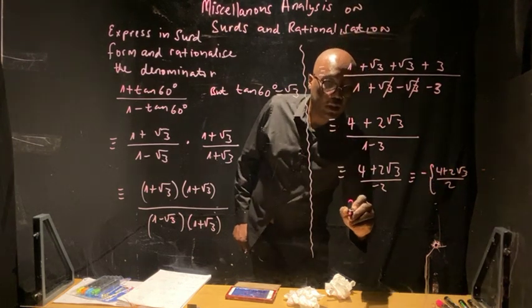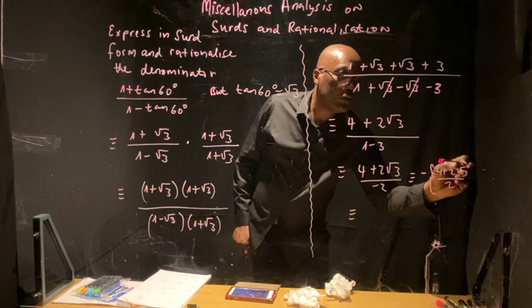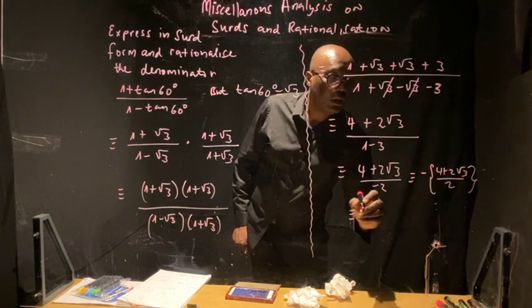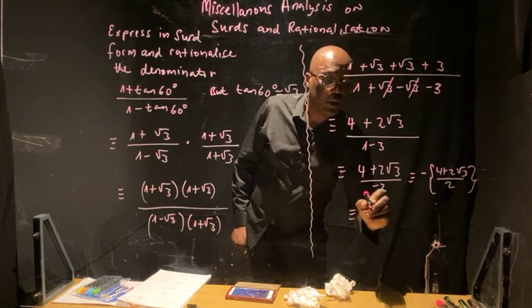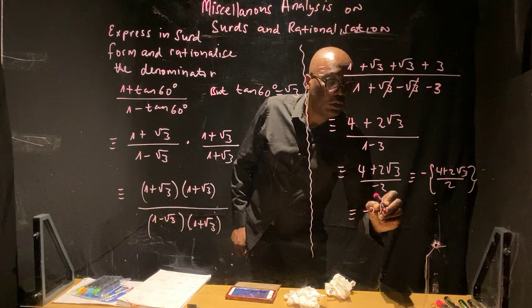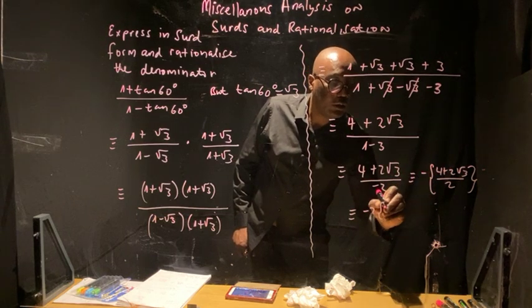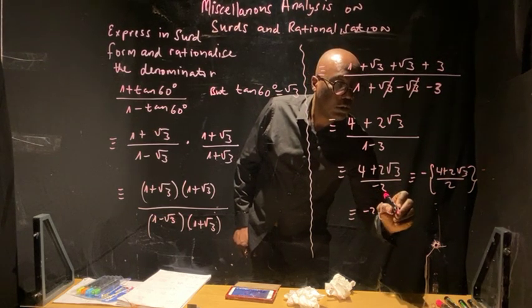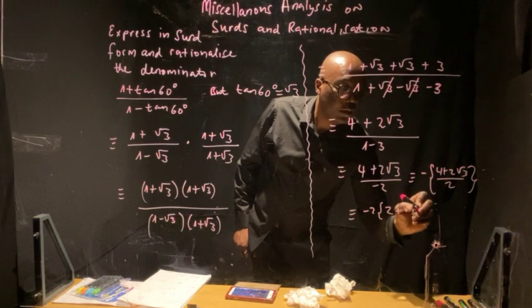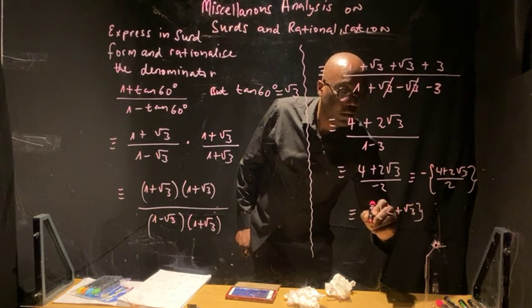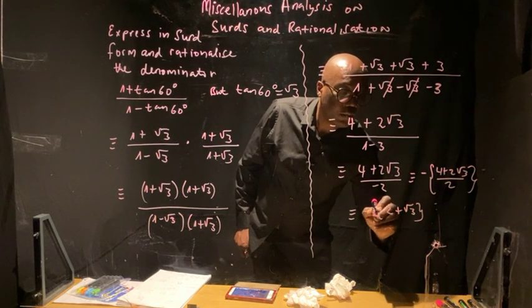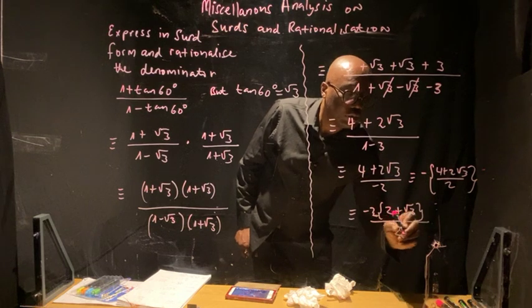If you factorize the 2 outside, then it becomes minus 2 from here, 2 plus root 3, all over 2.